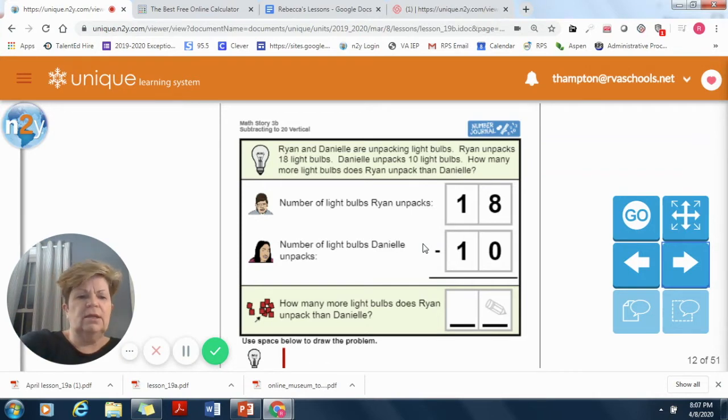Just take your hand and cover that bottom part. We need to know that the important information is 18, 10. Okay, so let's go ahead and make our T mark to help us keep our ones and our tens nicely organized. Let's go ahead and write 18 minus 10.